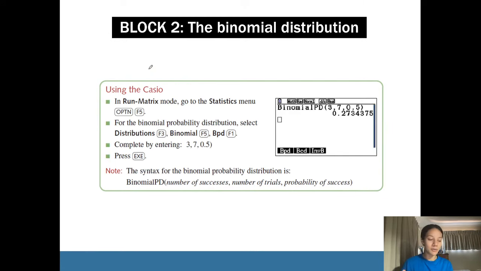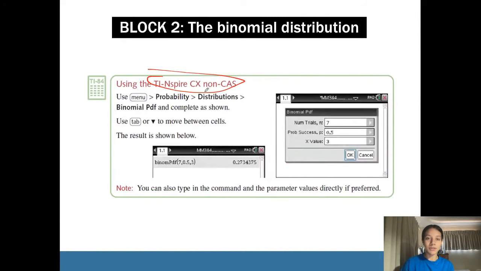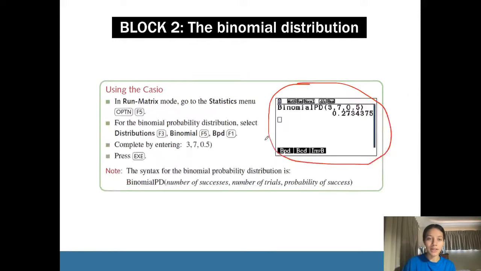It'd be really annoying to get to a tech active question, know it's simple to put into your calculator, but not know how to do it. So this is an example for the Casio, and if you use the TI-Nspire, this is how you would go through that. If you use either of those calculators, go over again how to use the binomial distribution in there.